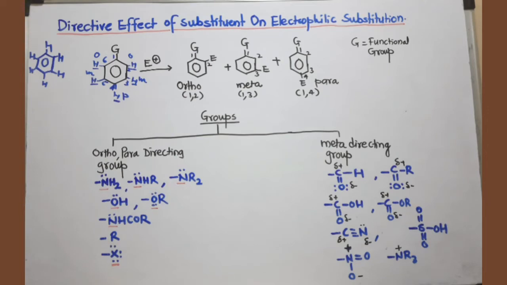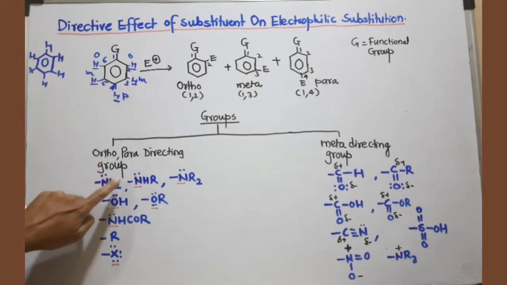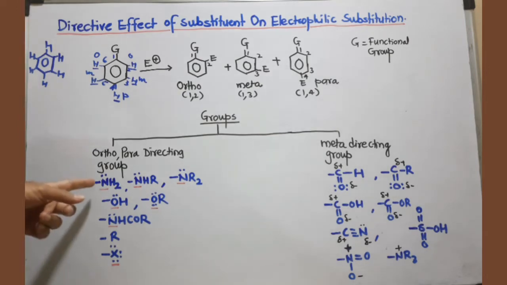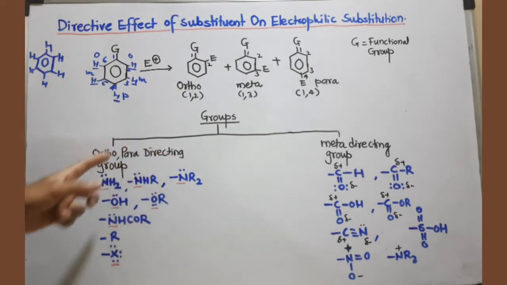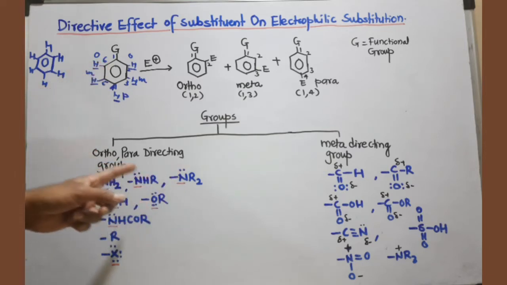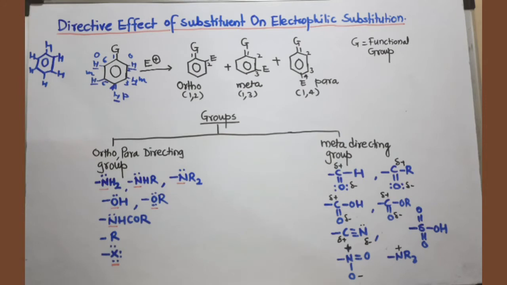You observe one common thing: the atom which is directly attached to the benzene ring has at least a lone pair of electrons, except alkyl groups. So we can make the common conclusion that we can recognize an ortho-para directing group if the atom directly attached to the benzene ring has at least one lone pair.